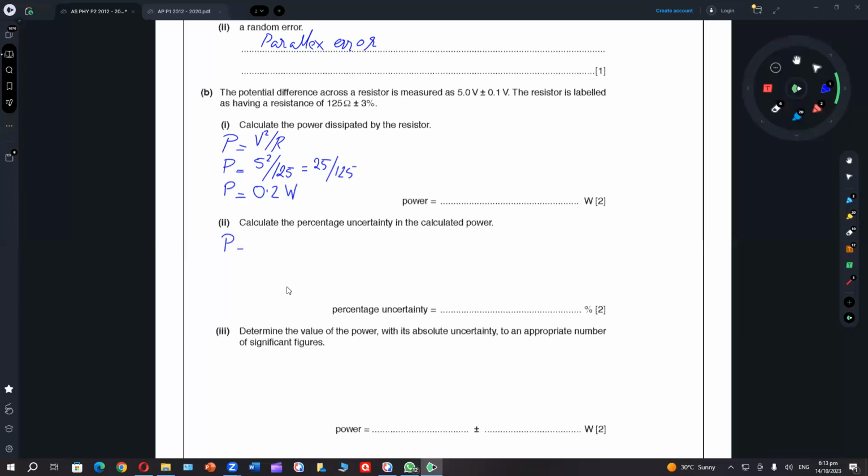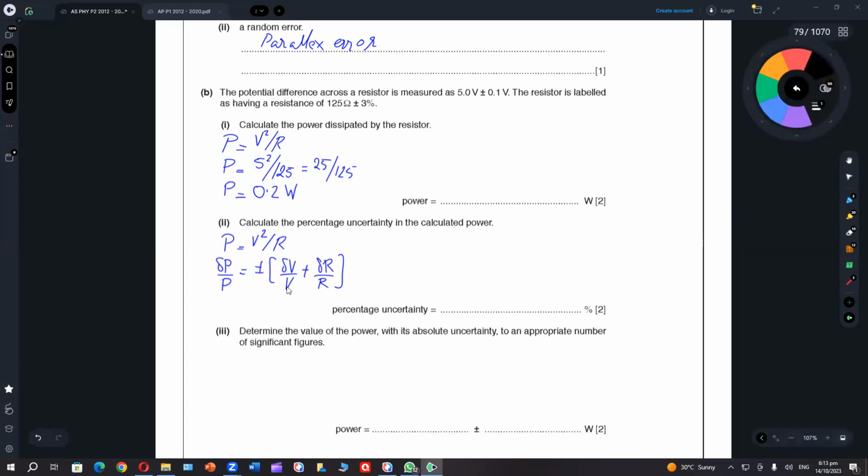Uncertainty, I can check from here, V square upon R. I have to write a formula for uncertainty. This is the formula. He says percentage uncertainty, so I have to multiply by 100.